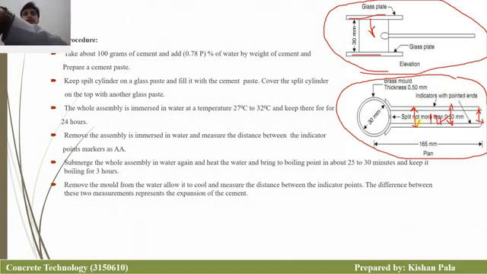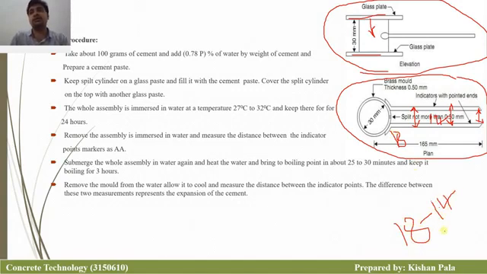For example, you have already measured 14 mm in the cold water. Now you are measuring the distance after getting this mold from hot water. You are getting 18 mm. It means 18 minus 14, you are getting 4 mm expansion in your cement mass.